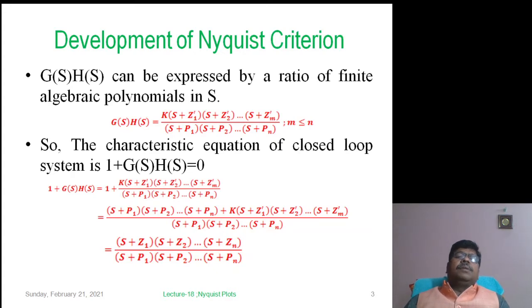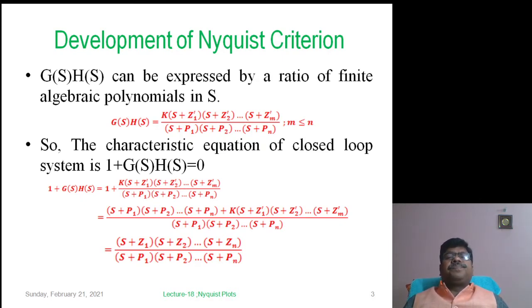As we very well know, any transfer function, whether open loop or closed loop, can be represented as a ratio of the numerator to the denominator polynomial.